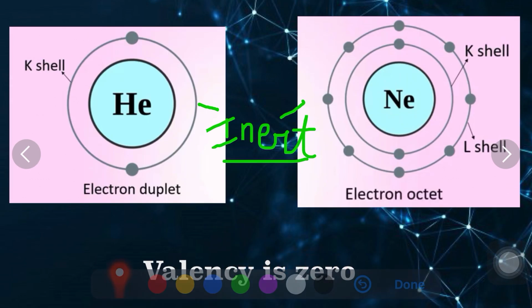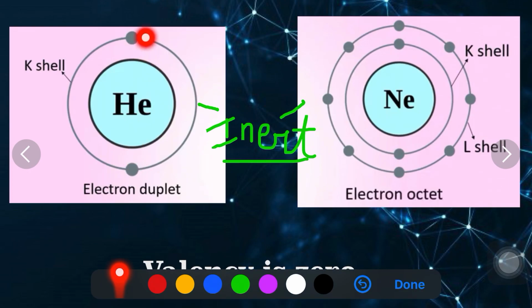Helium atom contains 2 electrons which are accommodated in the first K shell. Now you can see the helium atom has only 2 electrons, and both are accommodated in the K shell.